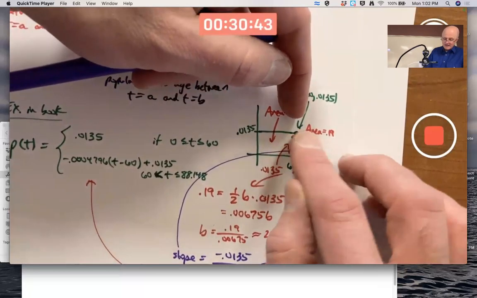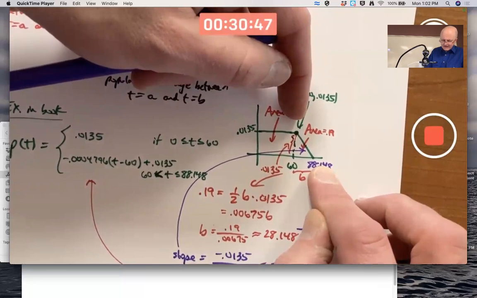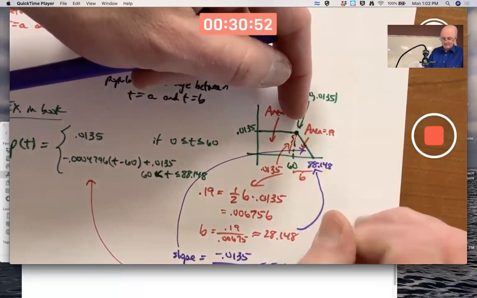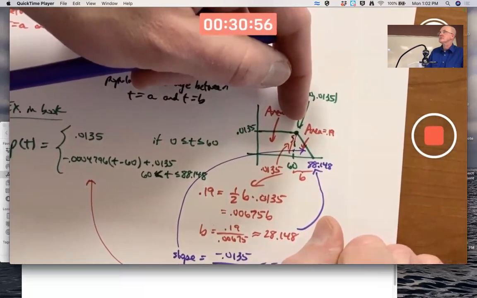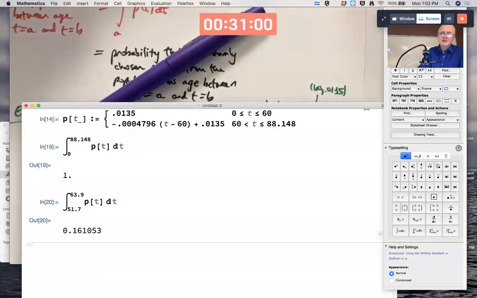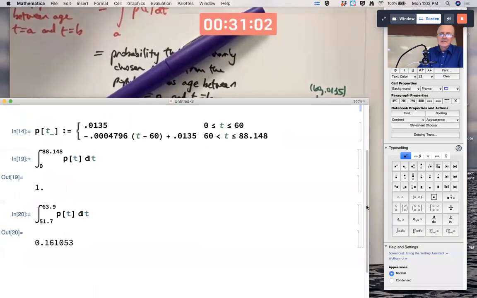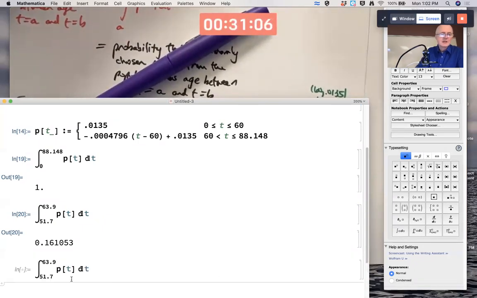It's not a horizontal line over there. Now it's going downward. So in reality, the true answer should be between 30 and half of this, between 30 and 44. And it is. Turns out to be about 37 something. Just having the computer do it for us.